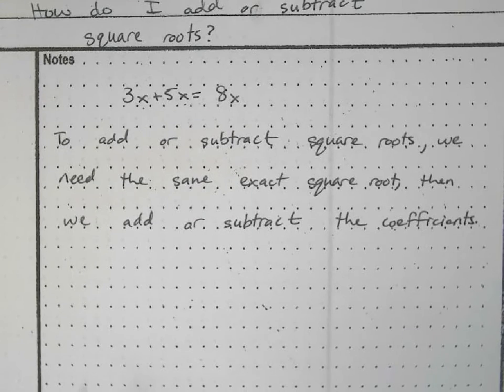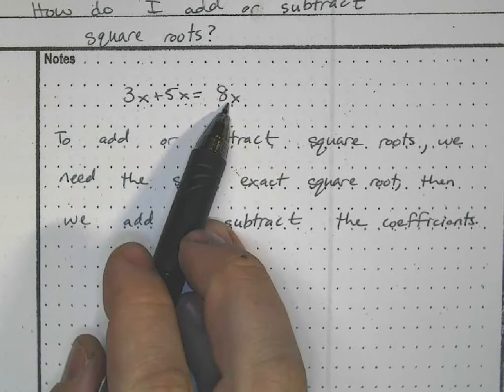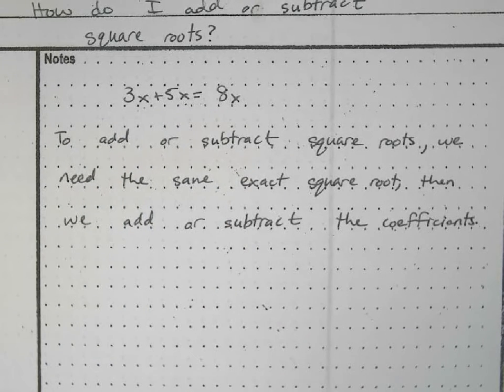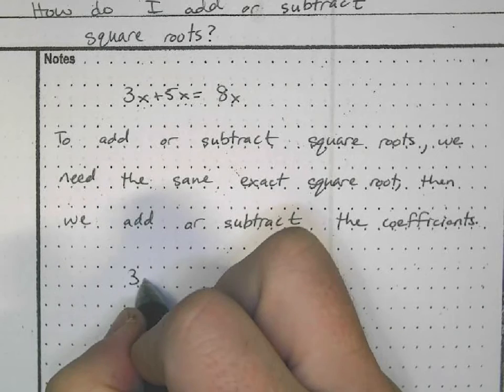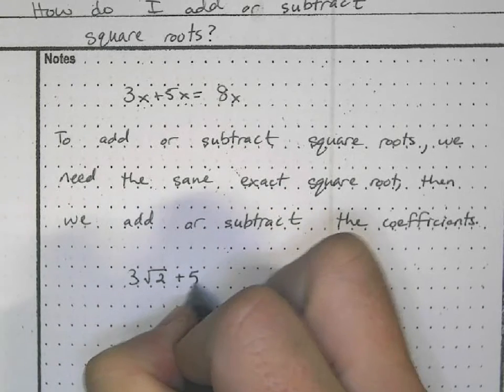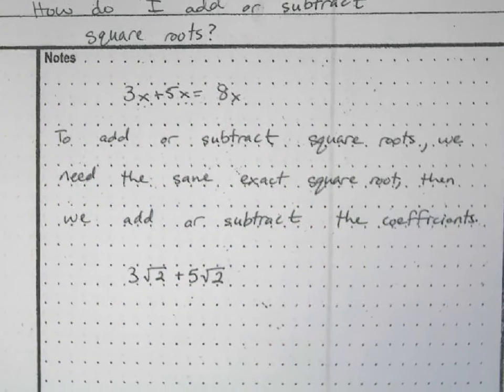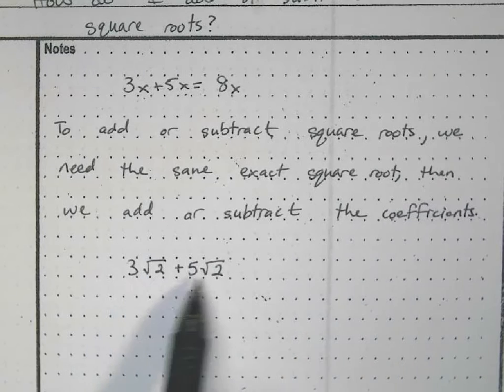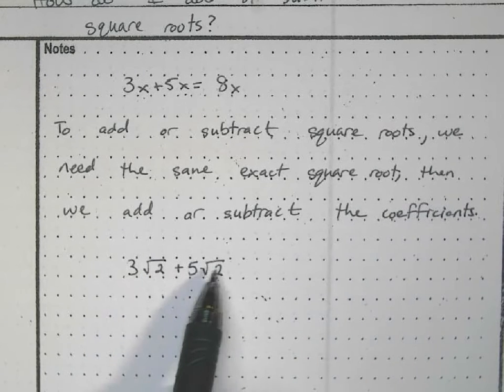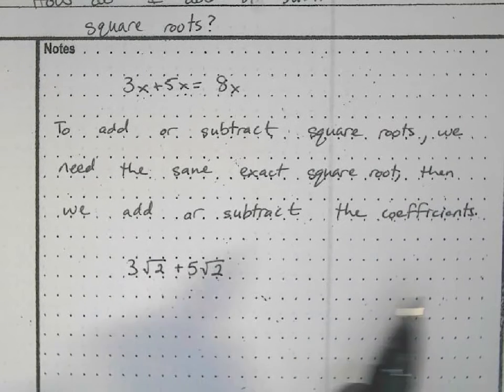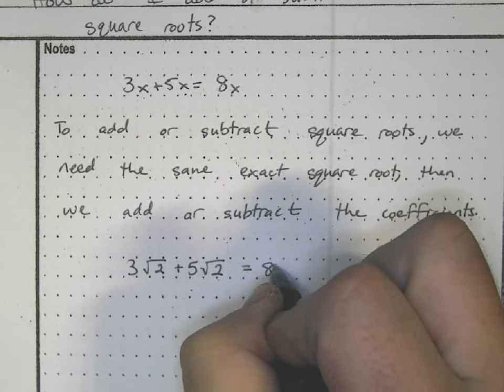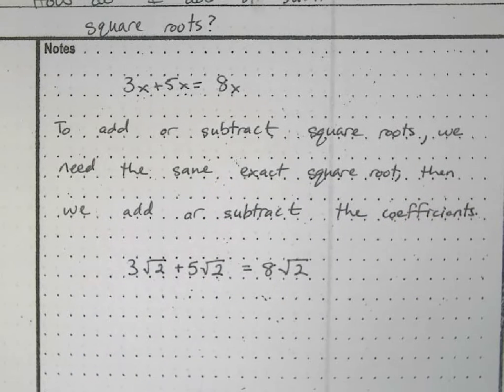So for example, just like my 3x plus 5x equals 8x, what if I had 3 root 2 plus 5 root 2? They have the same exact square root, so now I just add or subtract the coefficients out front. So it's going to be 8 root 2.